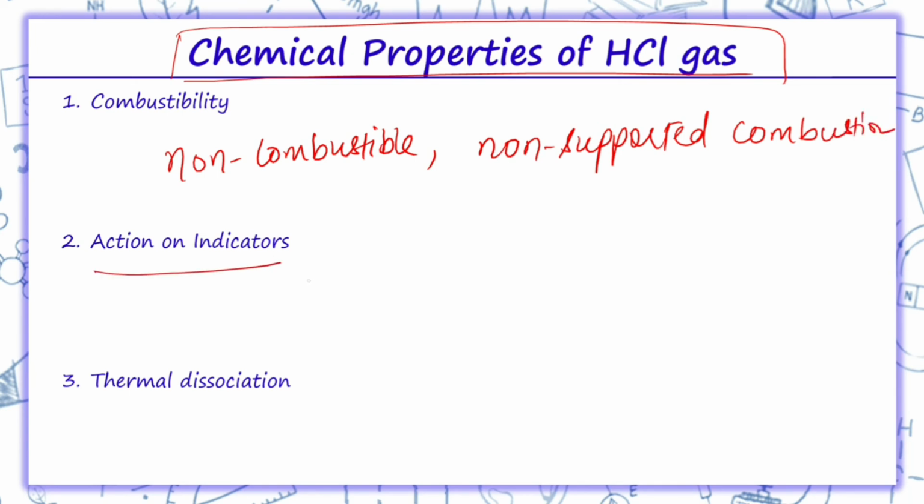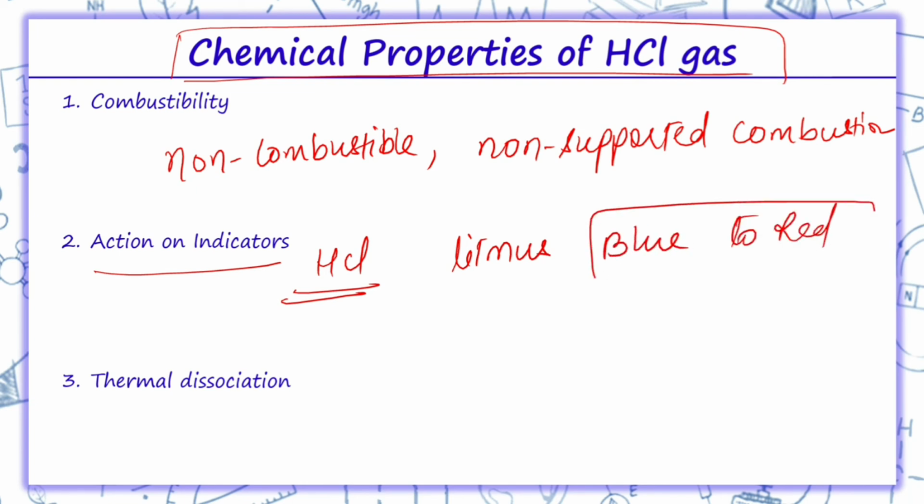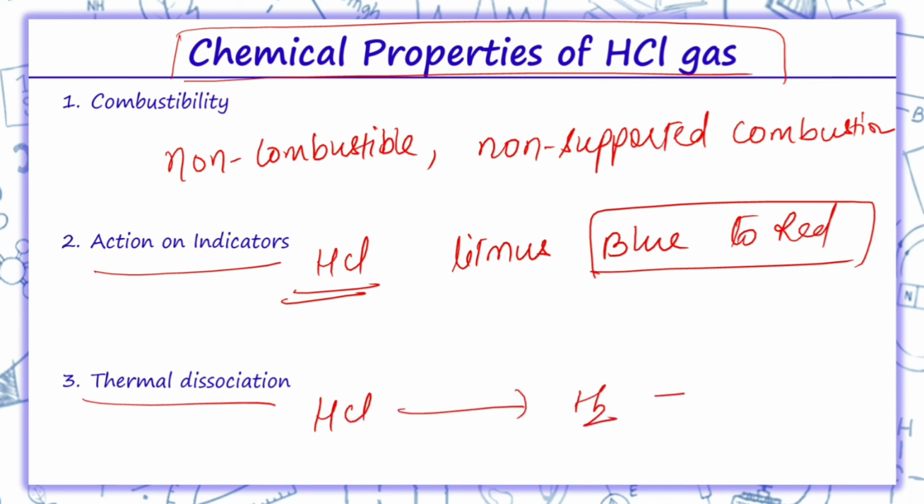Action on indicators: HCl gas turns moist litmus from blue to red because it is acidic in nature. Similarly, it turns methyl orange from orange to pink, and phenolphthalein from pink to colorless. Thermal dissociation: HCl gas dissociates into hydrogen and chlorine above 500 degrees Celsius.